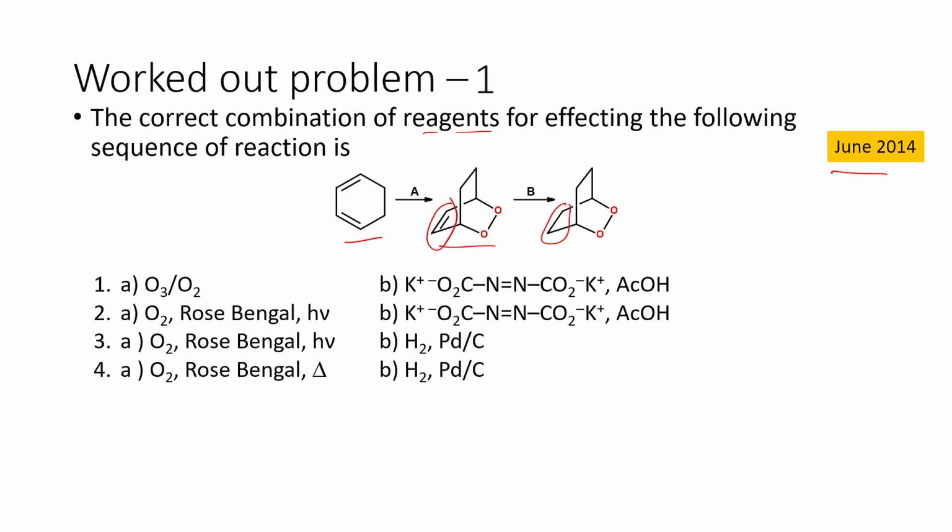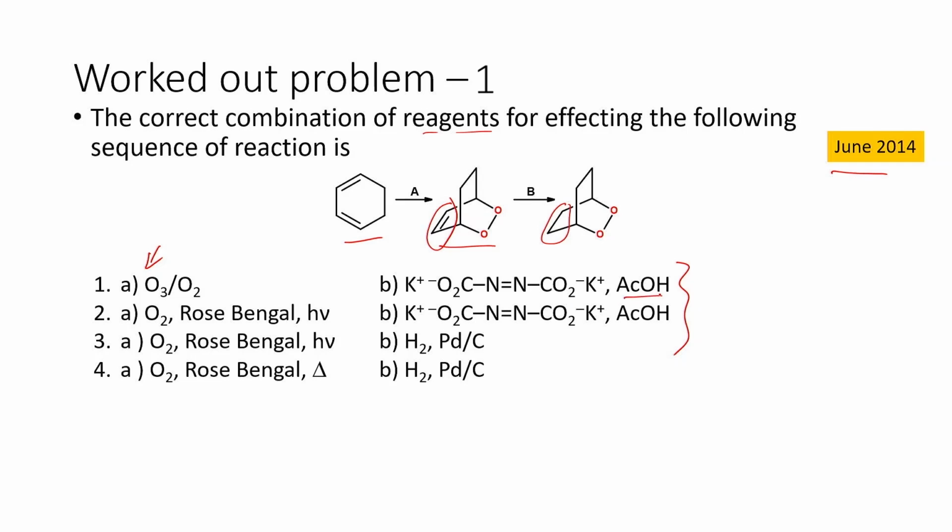Four different reagent combinations are given. One is ozone and oxygen, that is reagent A, and for reagent B, potassium azodicarboxylate in the presence of acetic acid.